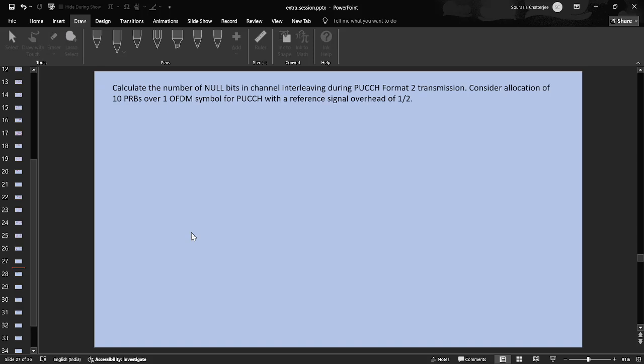By the way, when I say reference signal overhead of 1 over 2 or 0.5, that means if there are 12 subcarriers, half is occupied for reference signal. That means essentially 12 minus 12 divided by 2 is what is available for each PRB at each symbol.